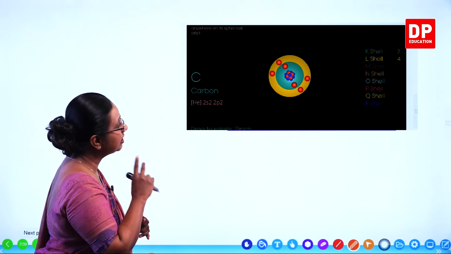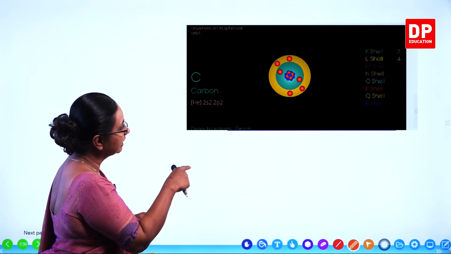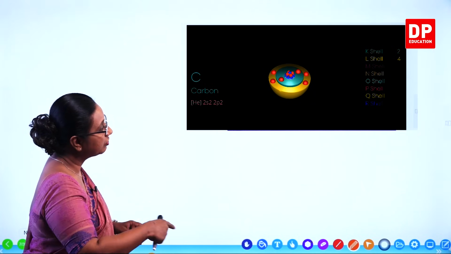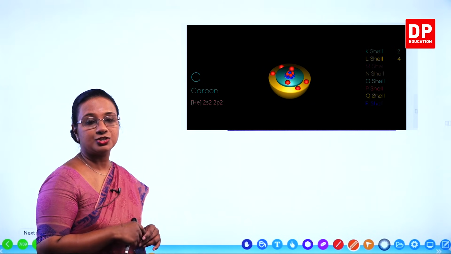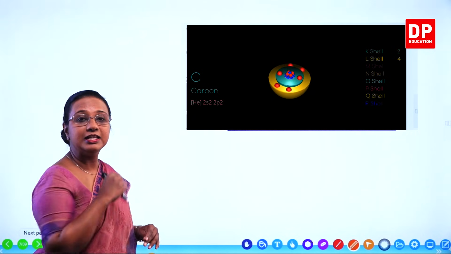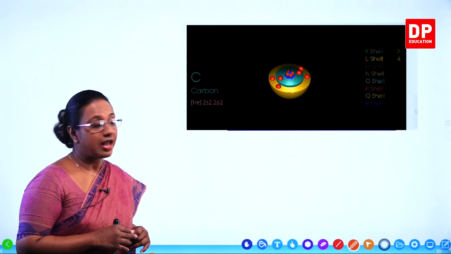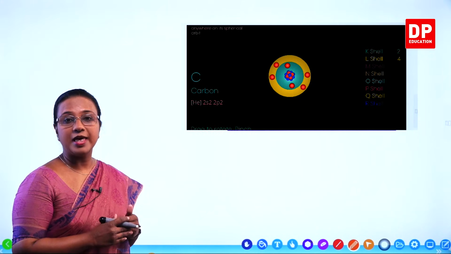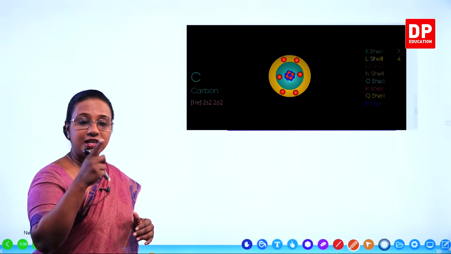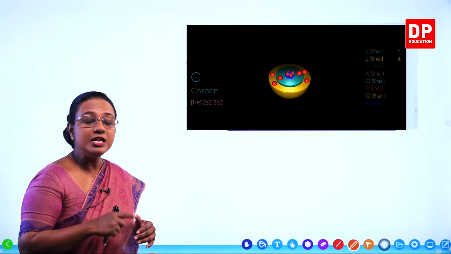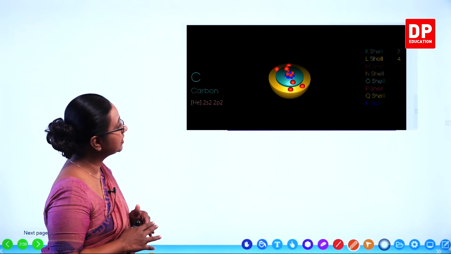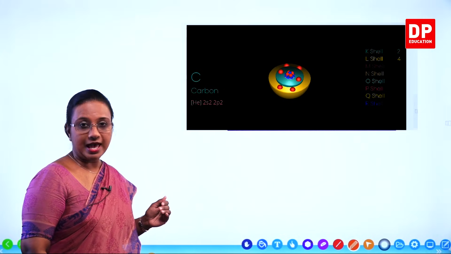There are two shells or energy levels around the atom, and you can see in one energy level the electrons are going around in the anti-clockwise direction, and in the second energy level the electrons are revolving in the clockwise direction, and they don't move from their energy levels. They are confined to the energy levels, and they revolve around the nucleus only in that definite shell. That is very visible to you from this animation.